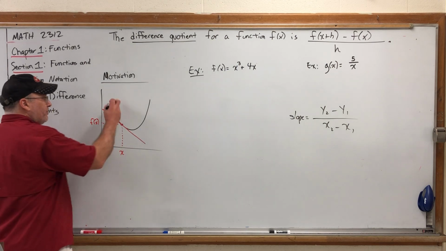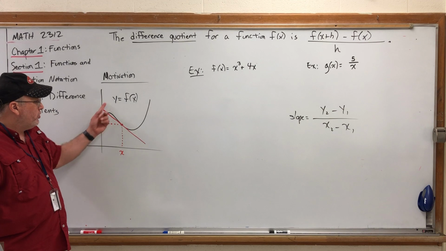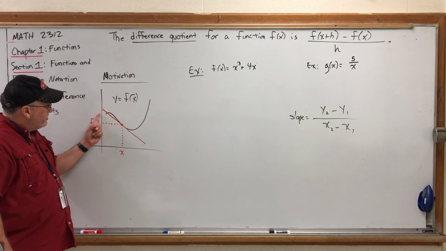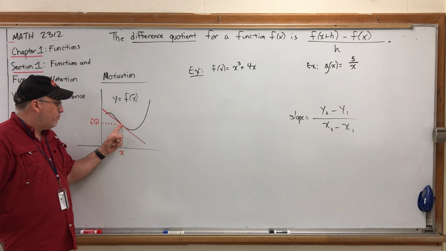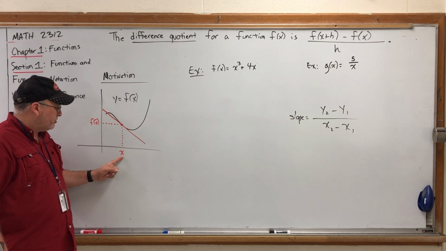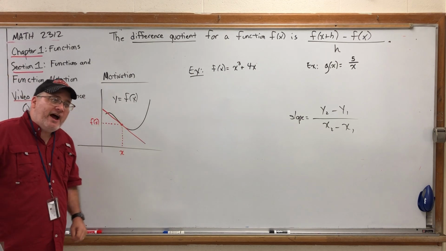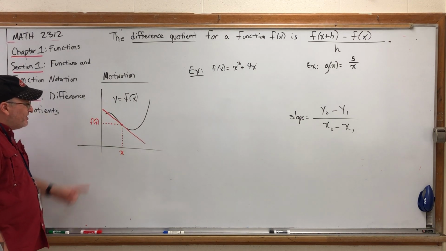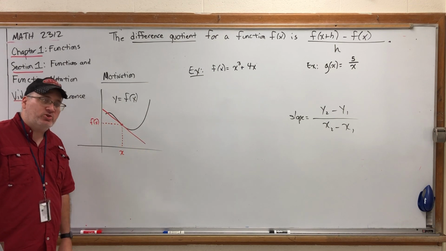But what if your graph is something curvier? For example, what if your function y equals f of x is some curvy graph like this black one here, and at a certain point on this graph, at this particular x value, you wanted to know the slope of the graph? Loosely speaking, it's the slope of this tangent line, this line that just brushes up against the graph.